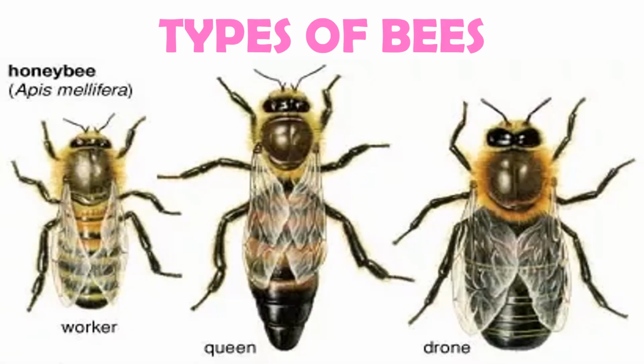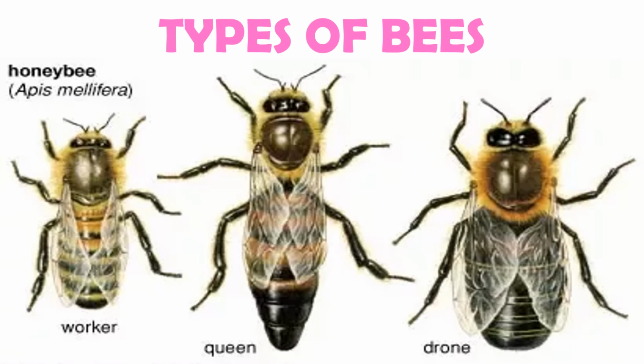Okay, peoples, do you know how many types of bees we have? As for today, I'm going to tell you about these three types of bees. Honeybees are social insects and they live in groups called colonies. Within each colony are three types of honeybees: a queen, worker bees, and drones.